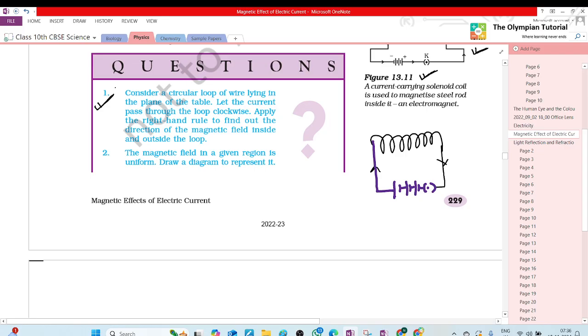Answer this question. Circular loop of wire lying in the plane of the table. Let the current pass through the loop clockwise. Apply the right hand thumb rule to find out the direction of magnetic field inside and outside the loop.